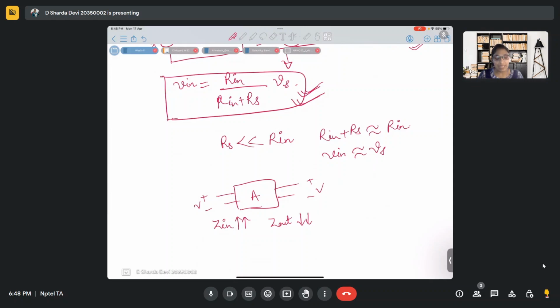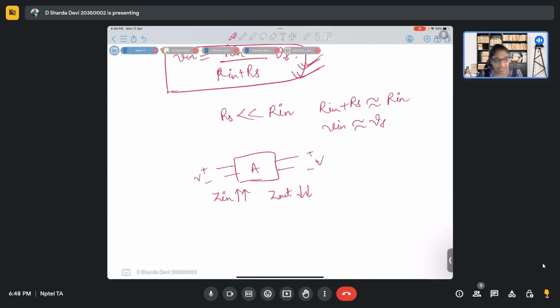Now, if this is the case for voltage, we know that current is opposite, right? Current follows the low resistance path. So that's why for a current signal, like a current amplifier, your Z in should be as low as possible, and your Z out should be as high as possible. So current will follow a low resistance path.